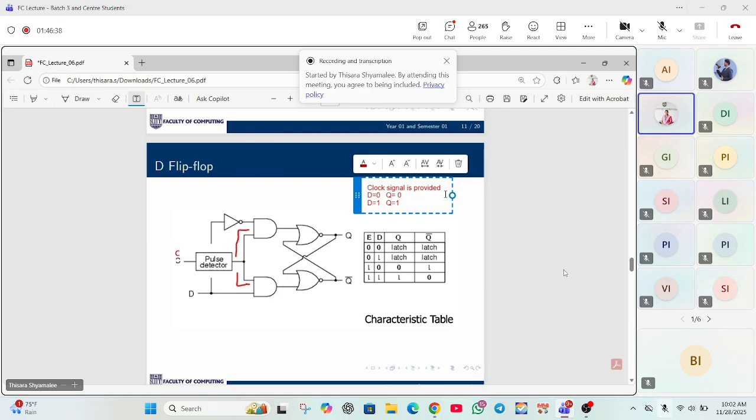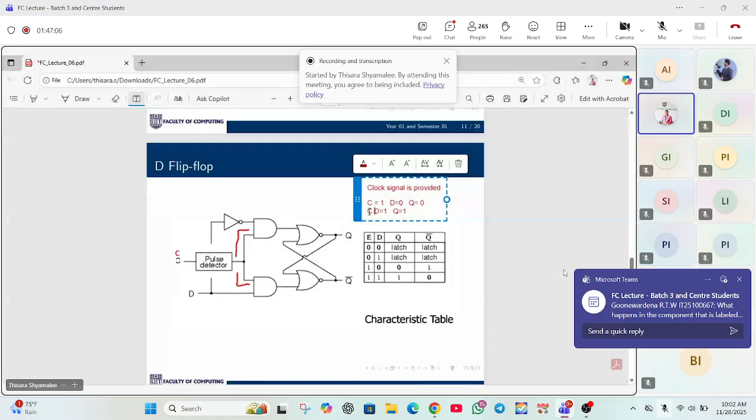So D equals 0, Q equals 0, then D equals 1, then Q equals 1. Clock signal is provided means, here let's take the clock signal as 1. This is C equals 1.